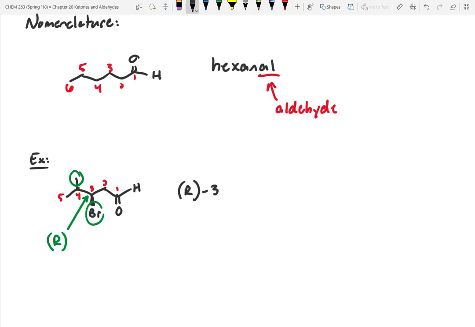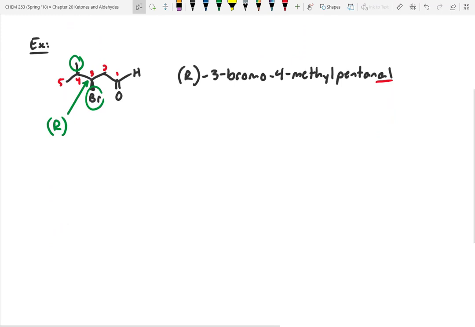Bromo. I want to alphabetize them. So 3-bromo, 4-methyl, and then we would go pentanal. And it's important to remember to keep this suffix, the al. Make sense? All right, let's do ketone nomenclature now.